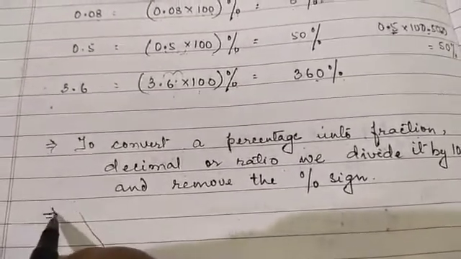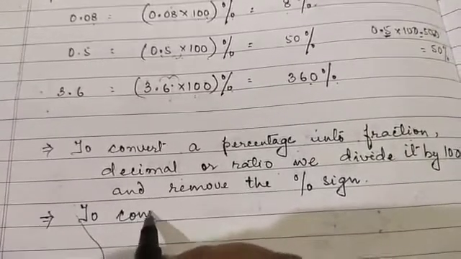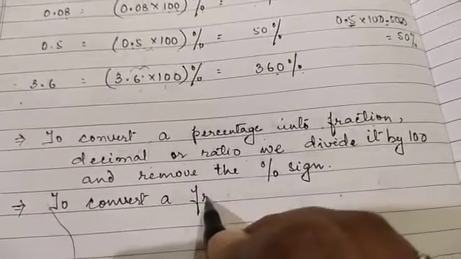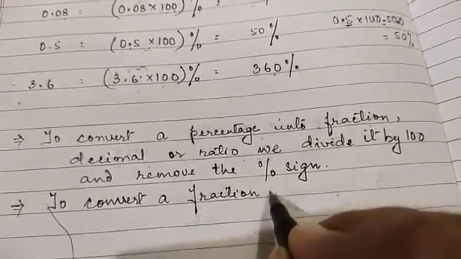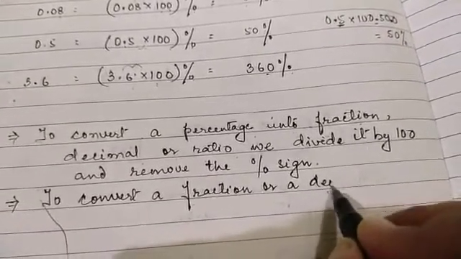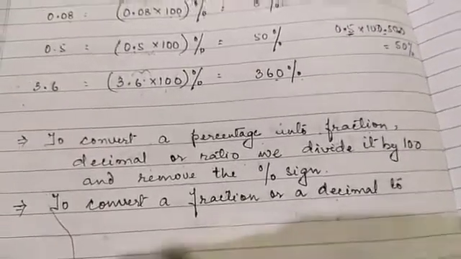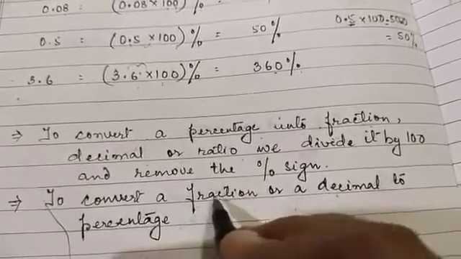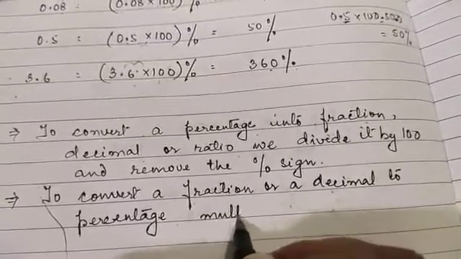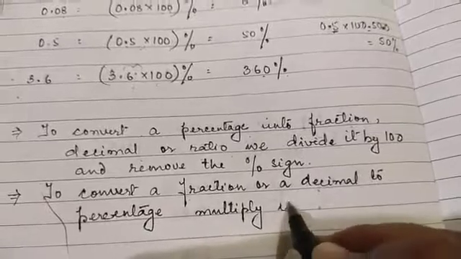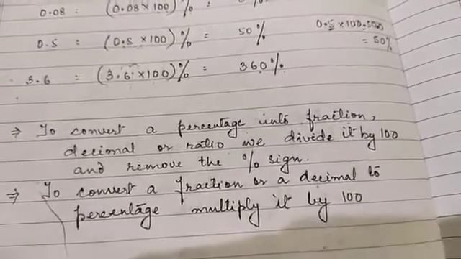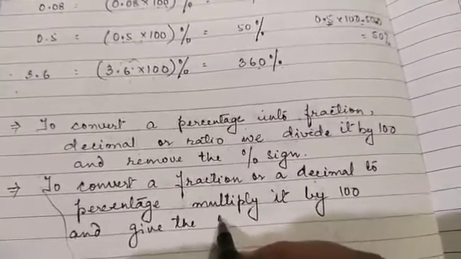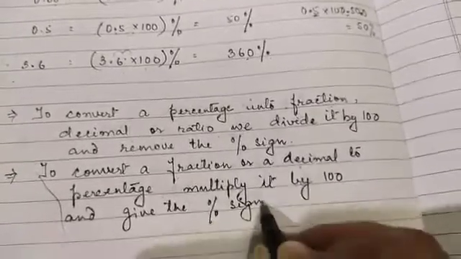Then next thing we studied is to convert a fraction or a decimal to percentage: multiply it by 100 and give the percentage sign.